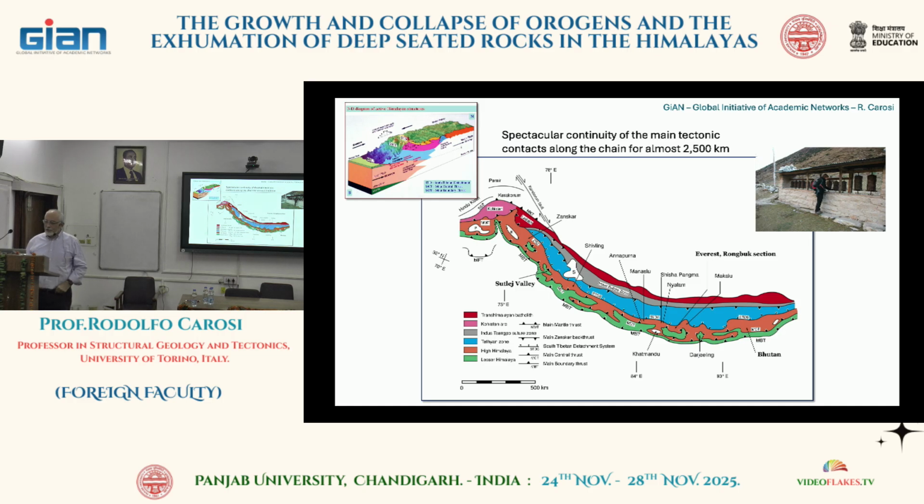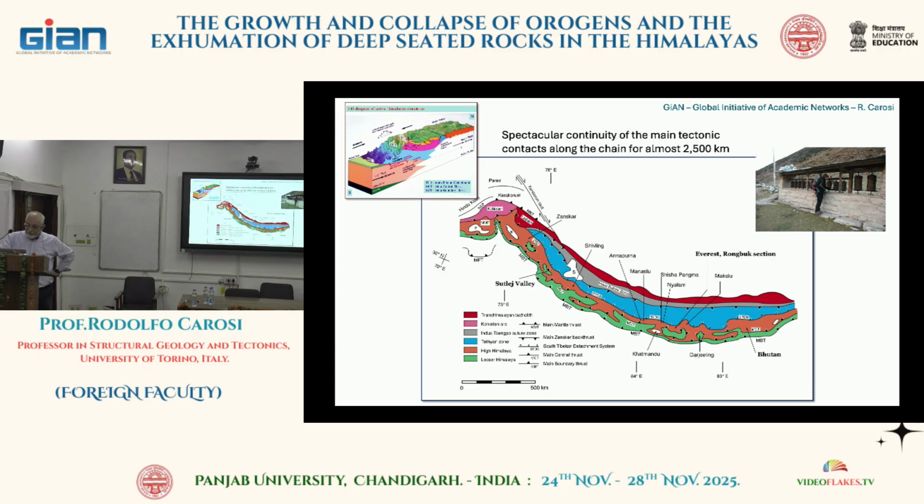One of the main features of these shear zones is spectacular continuity all along the belt, because the same features you can observe in Bhutan, Nepal, India, in several sections, more or less they have the same characteristics.